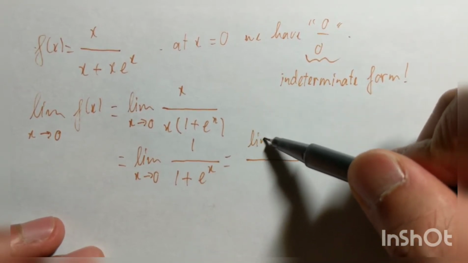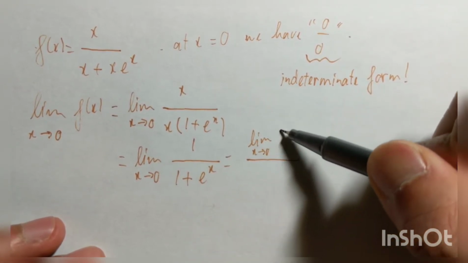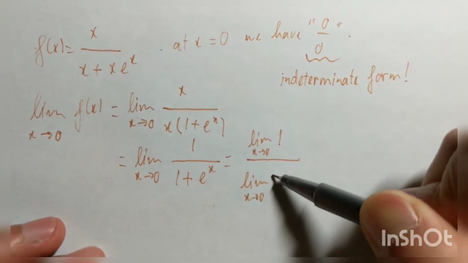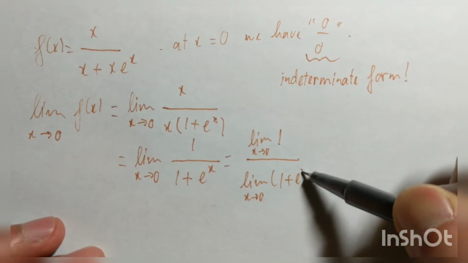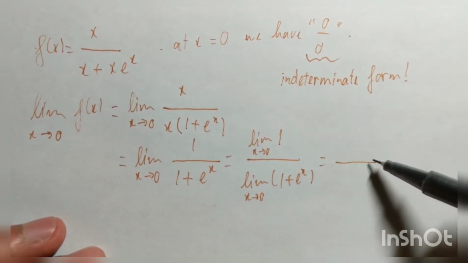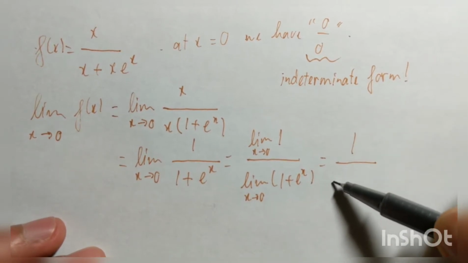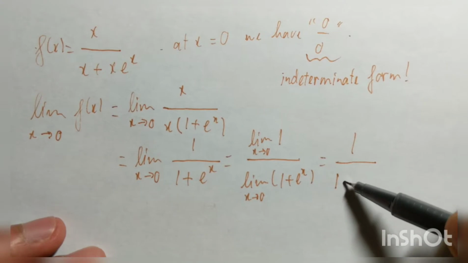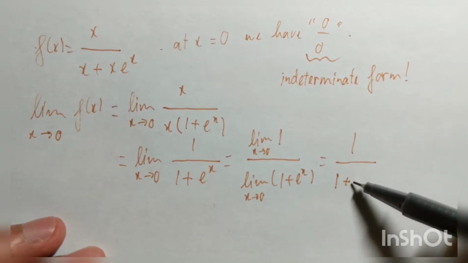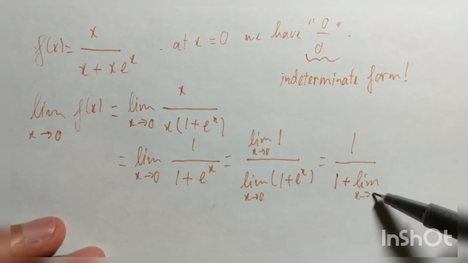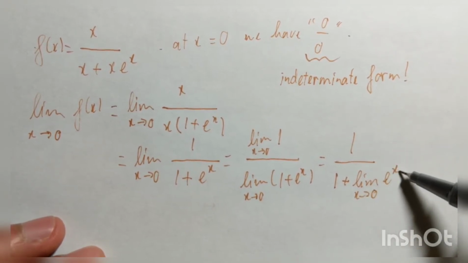Here this is the limit as x goes to 0 of 1. Here this is the limit as x goes to 0 of 1 plus e to the x. And clearly we have 1 divided by the limit as x goes to 0 of 1 plus e to the x. To be clear, I will write the limit as x goes to 0 of e to the x.